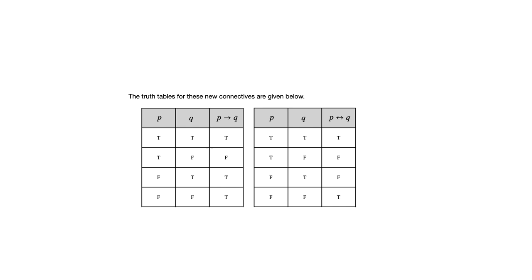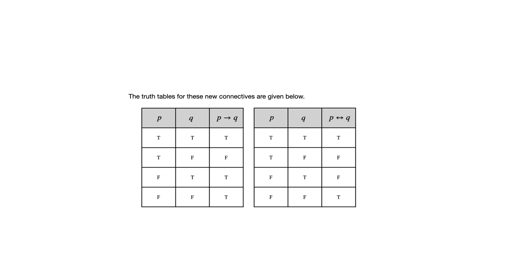Now let me say something about that conditional. Sometimes students have a hard time with that particular truth table. I think the challenge is that some of the other connectives we've seen, like and or not, work pretty much the way that you would expect them to based on how we use those words in everyday language.